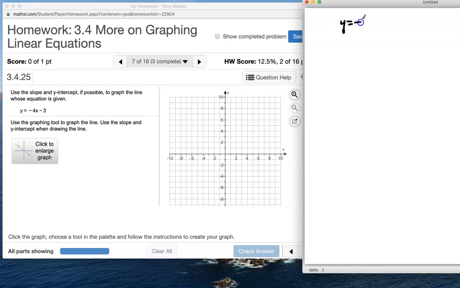So let me put the standard equation right there, minus 3. I can tell you that 1 point is the y-intercept. This line would cross the y-axis at 0, comma, -3.